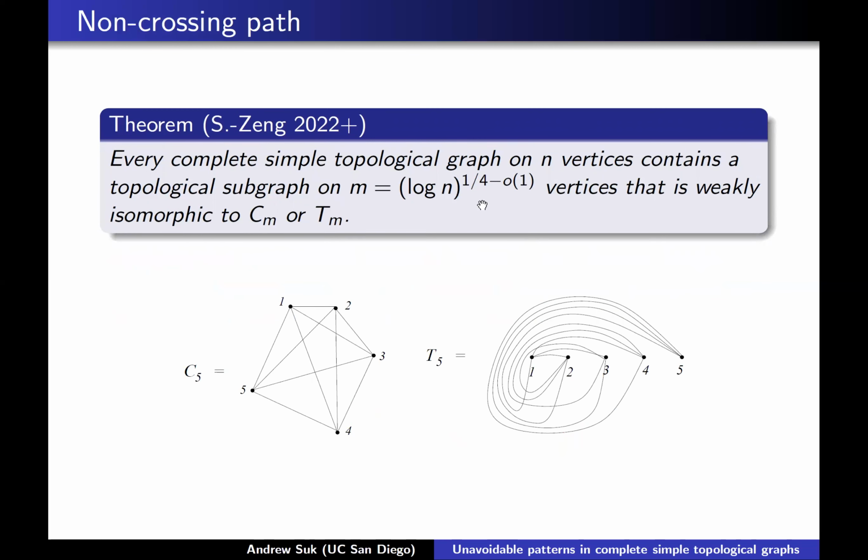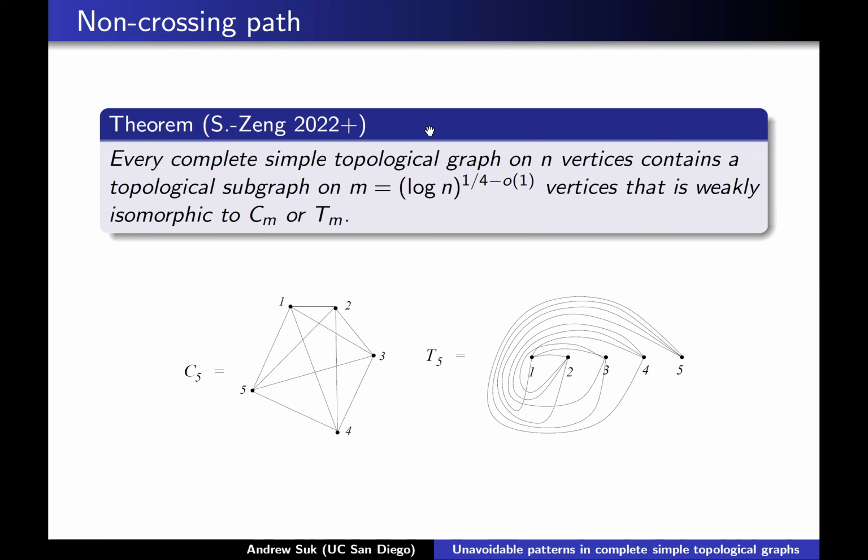This result, at least the original one by Pak, Shoyimoshi, and Toth, was used a lot in graph drawing. One corollary you can immediately get is that once you obtain these nice graphs drawn in the plane, either C_m or T_m, it's not hard to find a non-crossing path, for example.